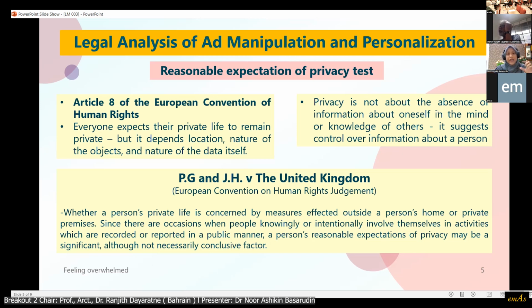The scope of privacy should be broadened to be the control over information about a person. So it's not about your information not being in the minds of others, but how you control your information, and how the law should control the information from reaching others.